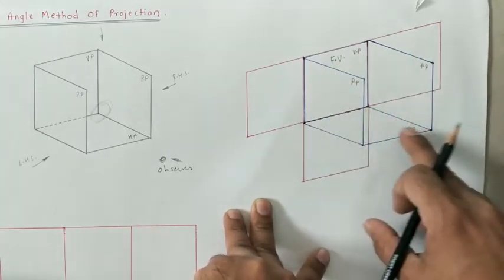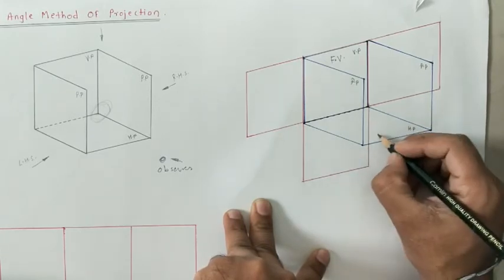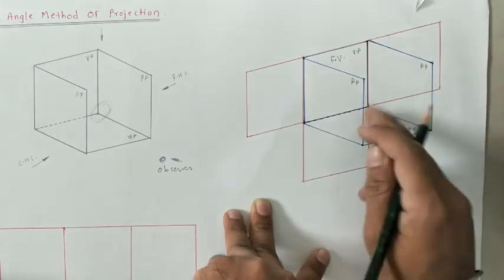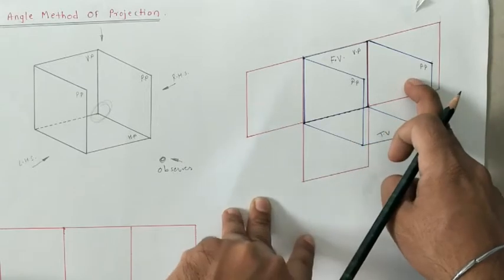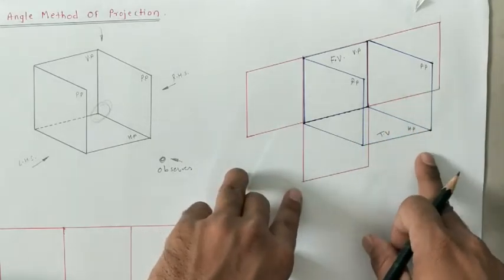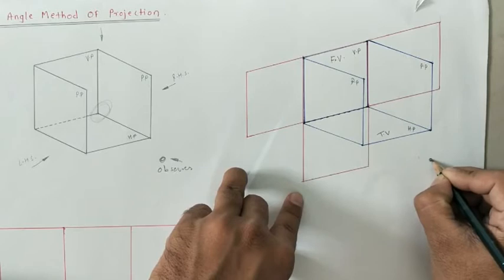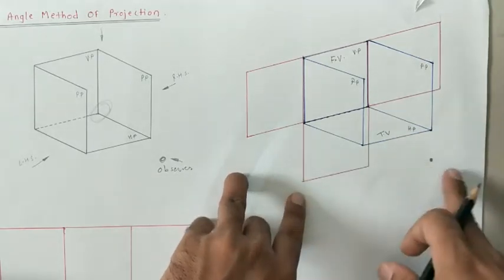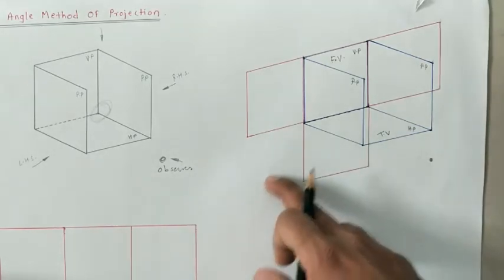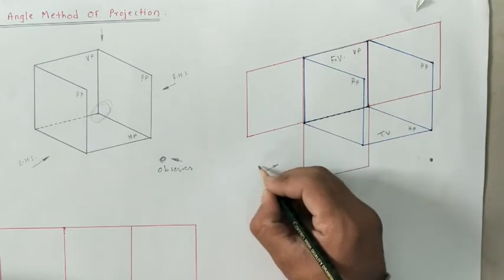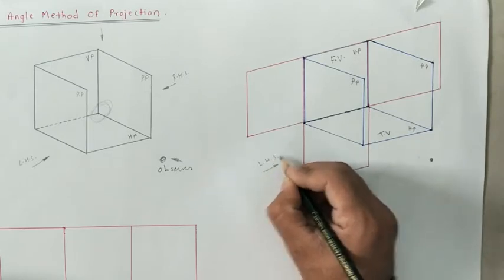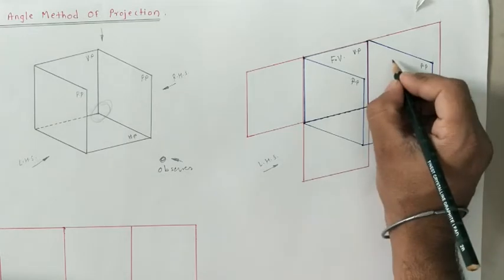Which view comes onto the horizontal plane? It's the top view. Which view comes onto this profile plane? See, the initial position of the observer was this, and when the observer shifts to this side, the left hand side, which view will come onto this plane? Left hand side view.